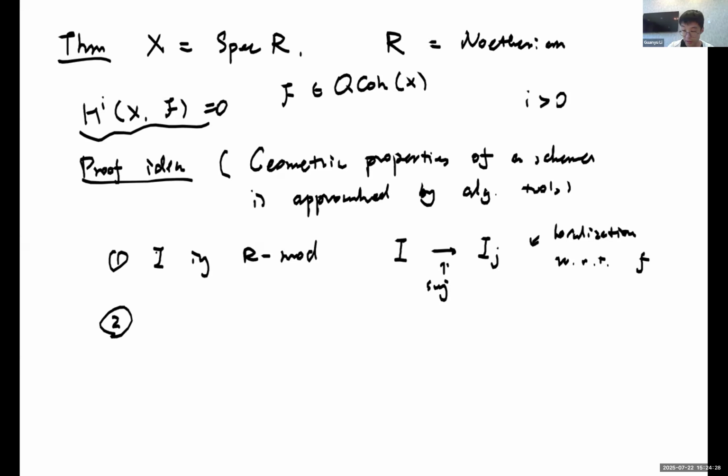The second step, using this: if I is injective, then the sheaf associated with this module is flasque.